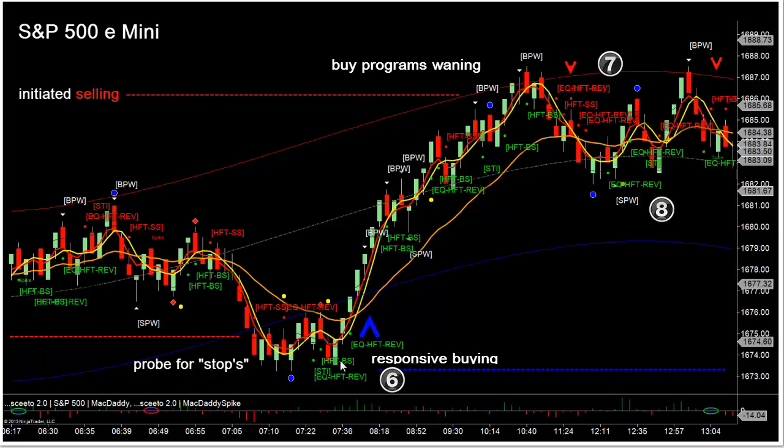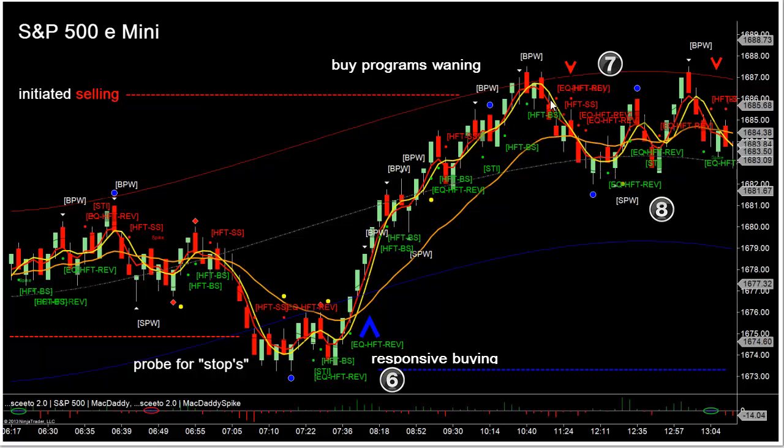During the price discovery phase, the market found responsive buying at the low, and the S&P auctioned back up to 1682. There was a minor pause, but the buying interest resumed, and the S&P traded up to 1686, the second level in the overnight trading range where the initiated selling had occurred.